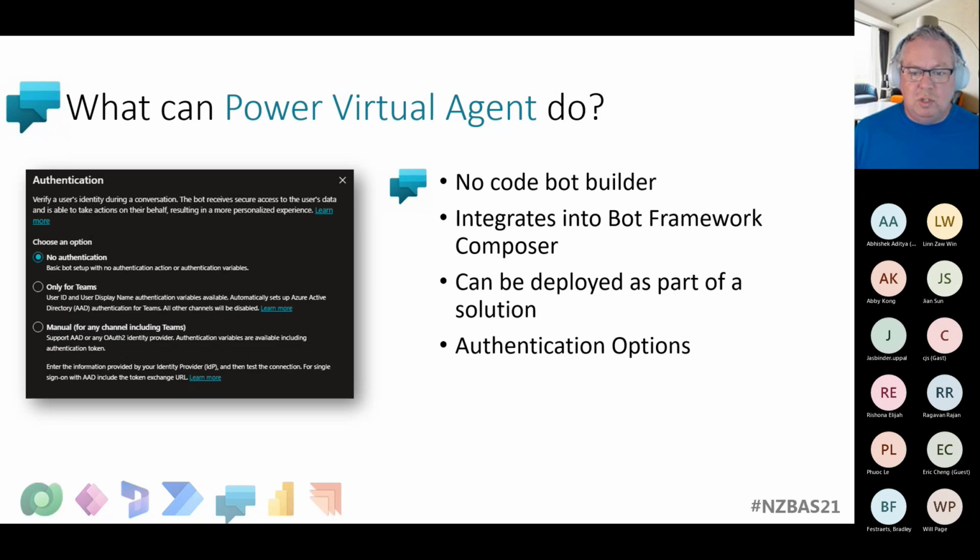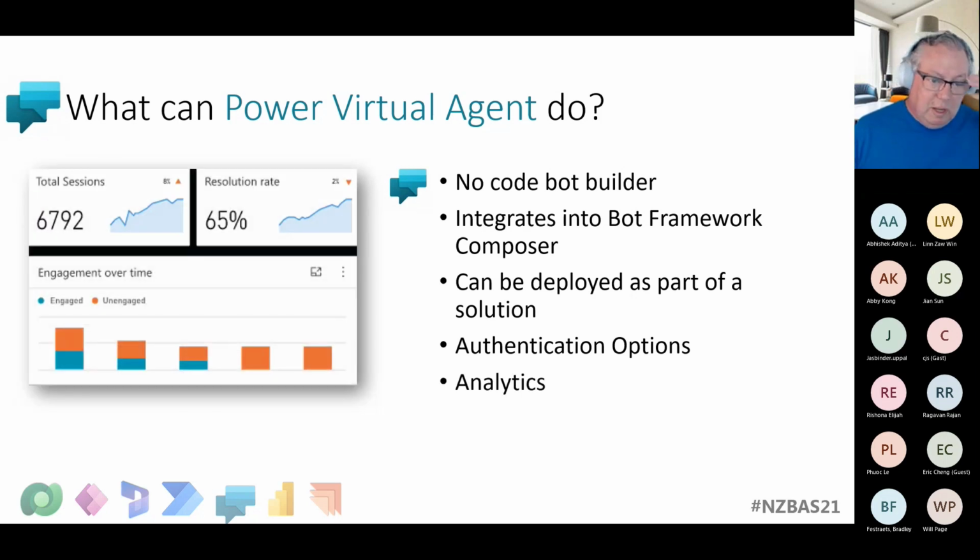So there's native integration to Microsoft Teams. That'll be part of the demo we're going to run through later. If you are building bots for internal use inside your organization, you can literally say, authenticate this for Teams only, push it through, and there's no need to configure an identity provider. Really cool, because it was a bit of a mission in the previous version.